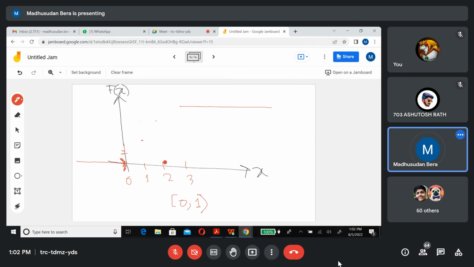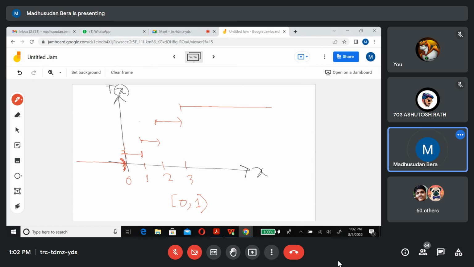That's why whatever the F of 0 value is, up to 1, before 1 the value will be the same. So the graph will be this way, with an open end here, then up to here, open end, and then it starts from this point up to this point, then 1.